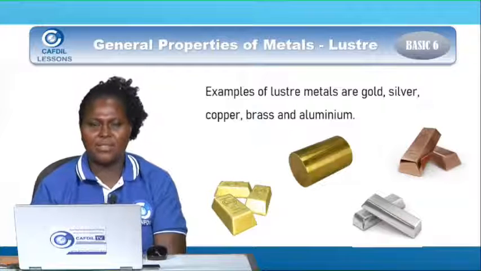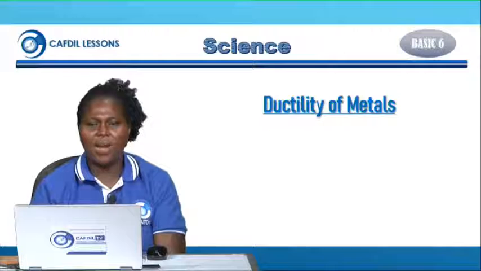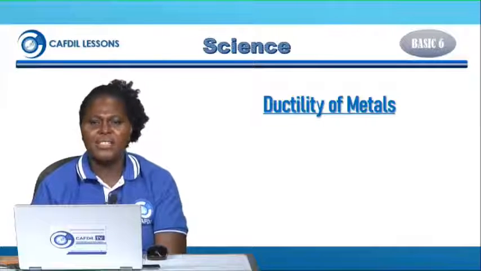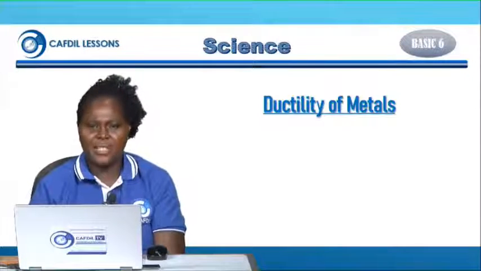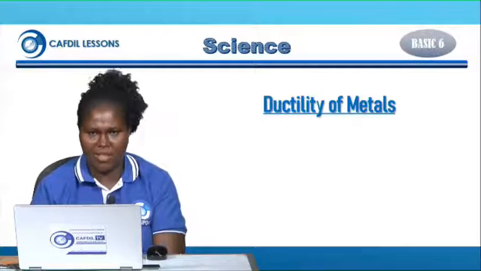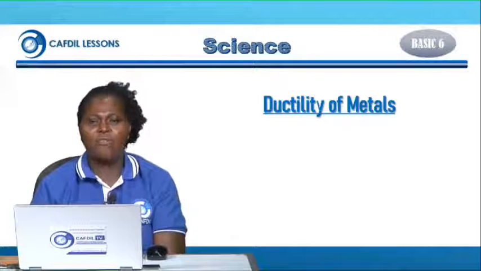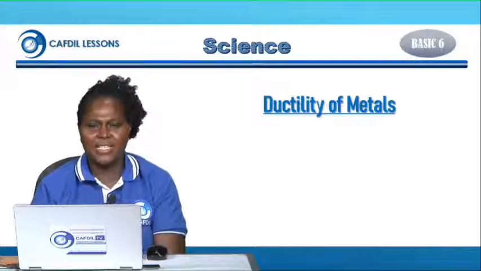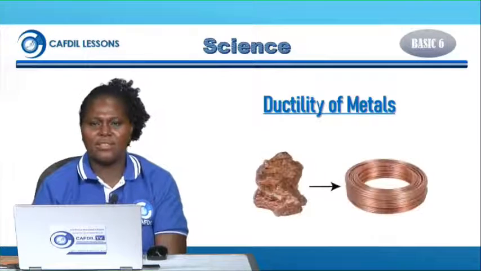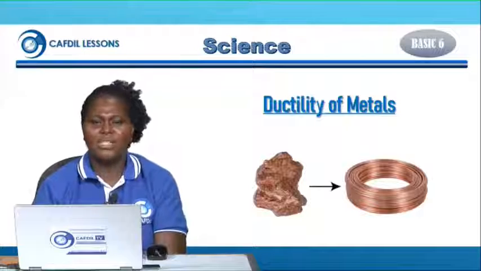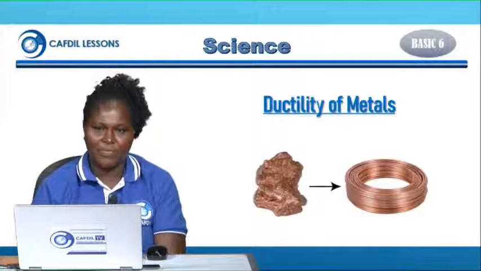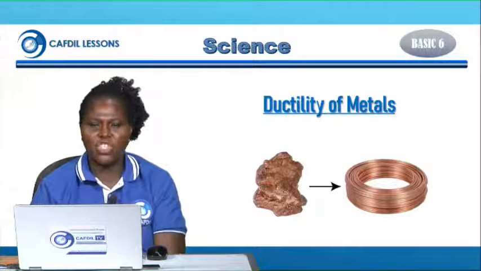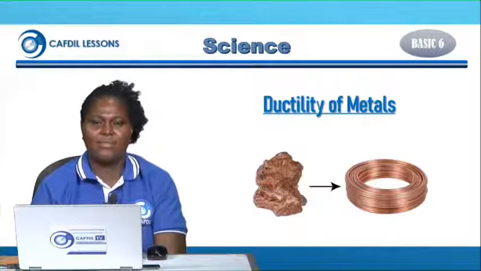They're bright. Good. Now another property is ductility. What do we mean by ductility of metals? Now this metal is copper, and it has been shaped into wires.